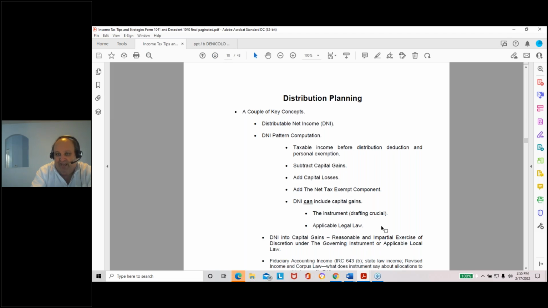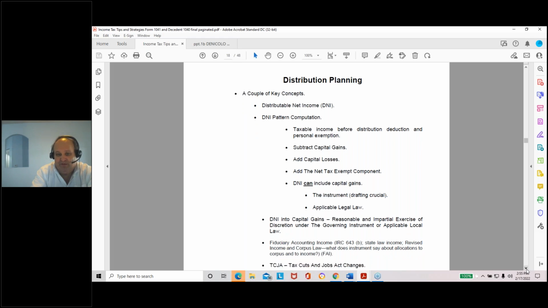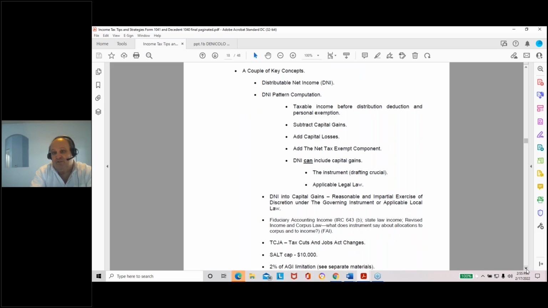Now, what is fiduciary accounting income? That implicates upon a lot of things. There's actually a statute in the Internal Revenue Code, 643(b), that's state law income. So if the instrument tells you how to allocate things between income and corpus principal, then you follow that. Otherwise, the state law that controls that particular entity, whether it be an estate or a trust, the particular state law involved, that's what tells us what goes into that particular solution.